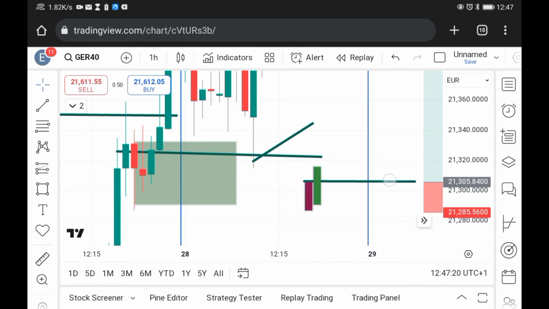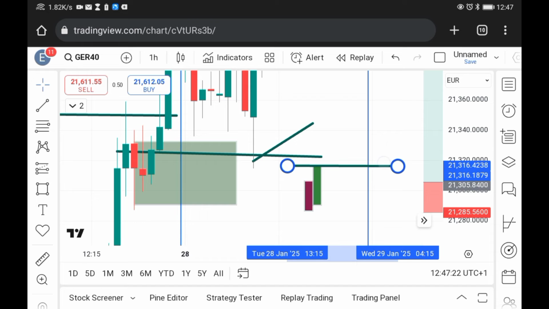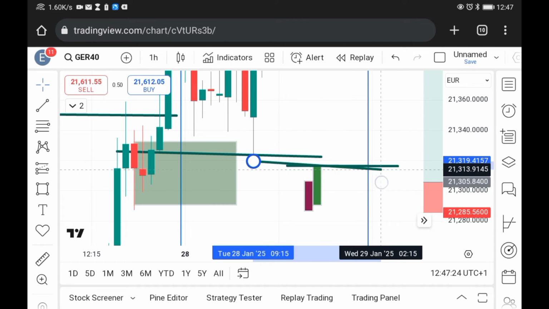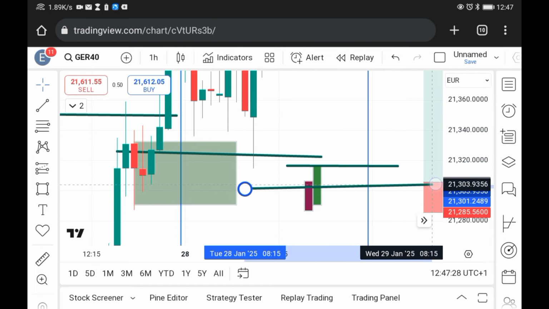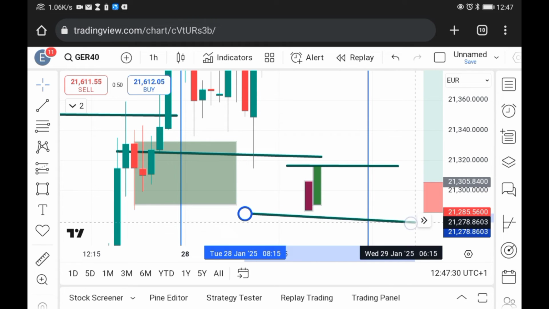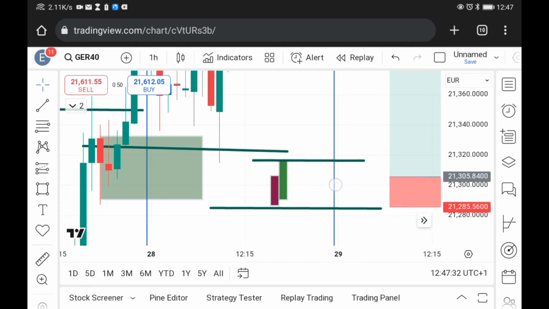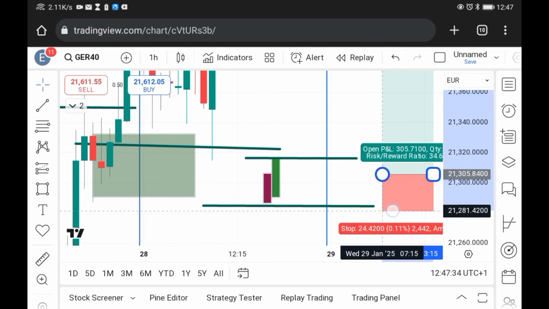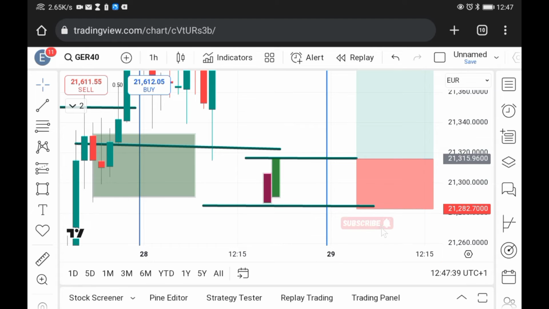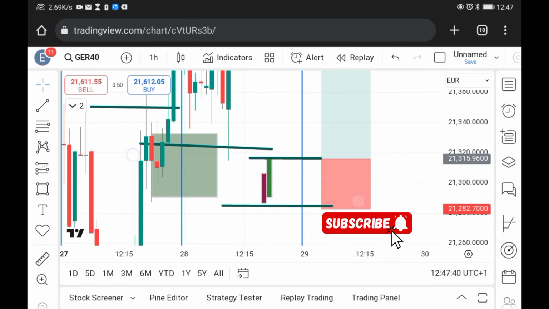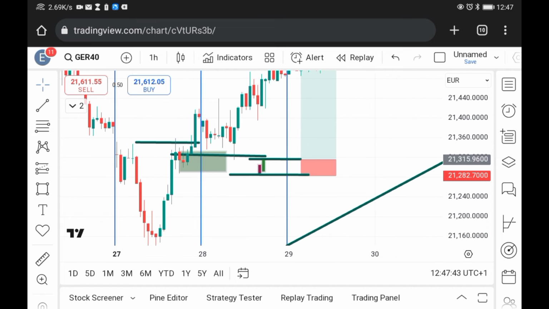So once it closes, your entry will be around this zone, and your stop loss has to be below this candle right here. So that will be your entry, your stop loss will come below that zone, and your target. But I prefer the other approach because the RR is bigger.